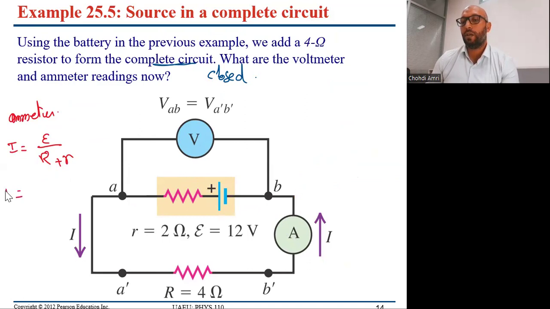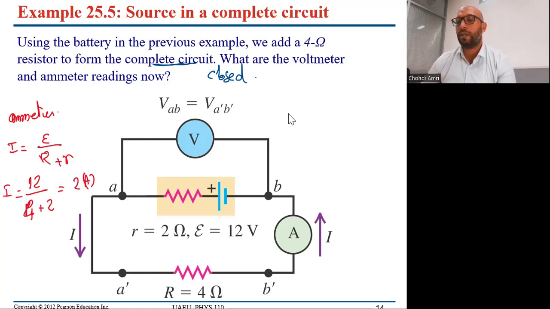So it would be epsilon 12 divided by capital R external resistance 4 plus 2. So it's 2 ampere.